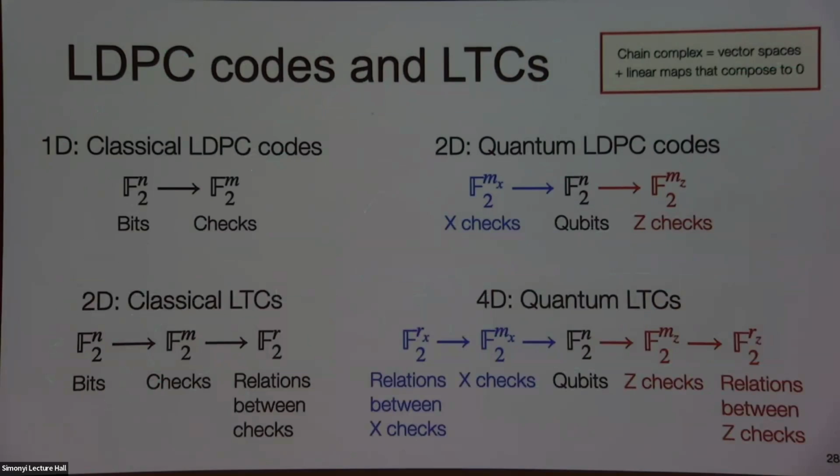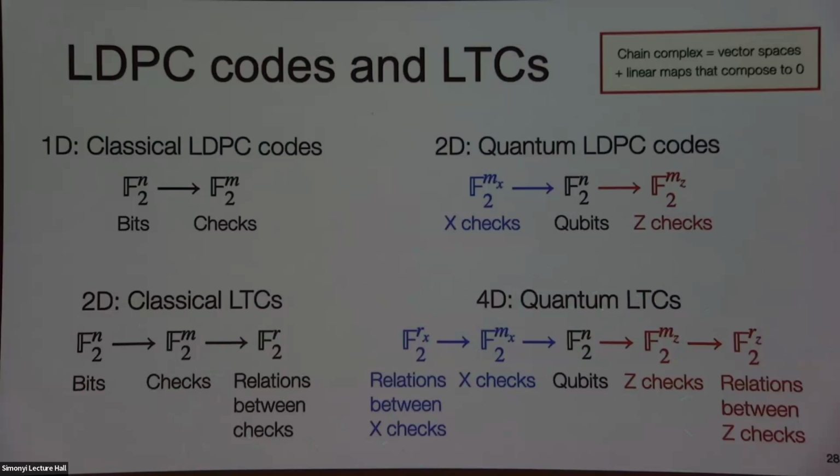The key idea is that instead of just looking at the bits and the checks, we also look at the relation between these checks. And just by adding a linear map, we can construct good classical locally testable codes. Here you can apply a similar idea to quantum locally testable codes by including the relation between X checks and Z checks.